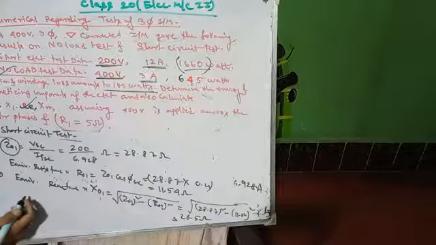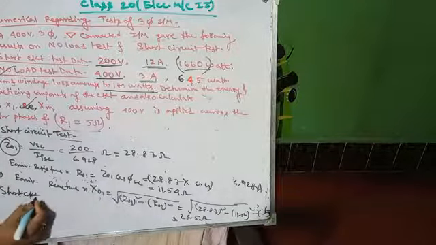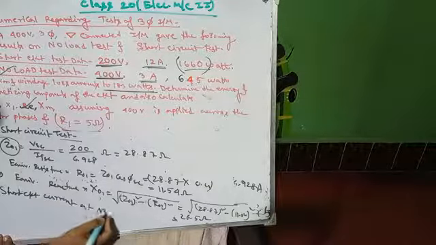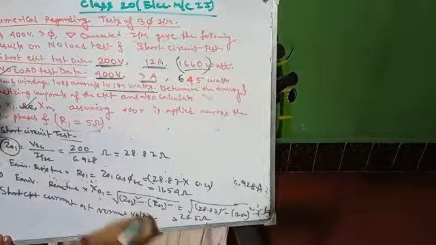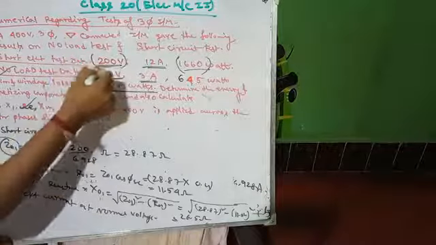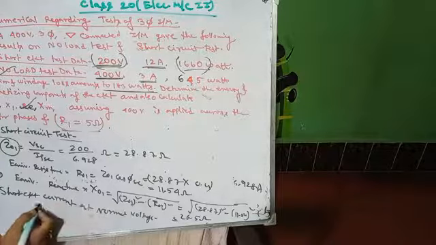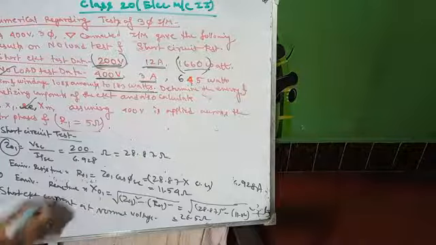And now the fifth one, short circuit current at normal voltage. Because in this case, I was calculating for 200 volt, right? So now you have to find the short circuit current, that is ISC, at 400 volt.